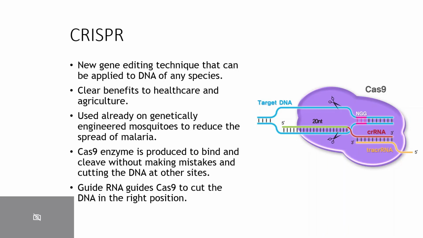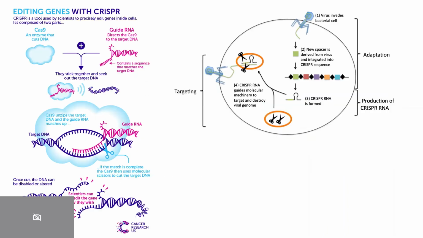And there is an RNA guide which guides the Cas9 enzyme to cut the DNA in the right position. So these are two diagrams that help us understand how CRISPR works. If we have this Cas9 enzyme which cuts DNA and the guide RNA which directs the Cas9 to the target DNA, they stick together and then they look for the target DNA.